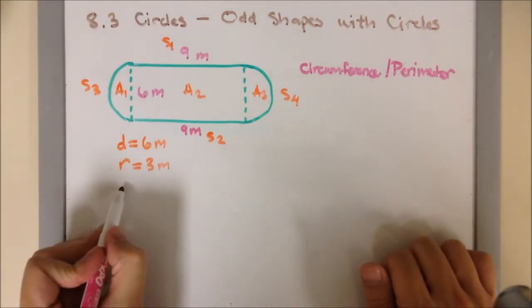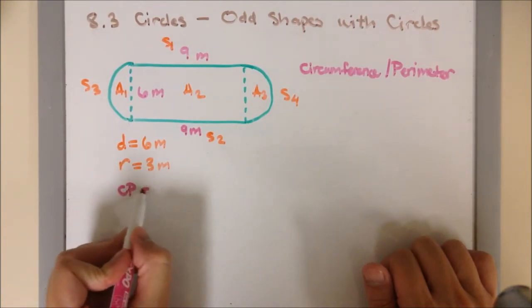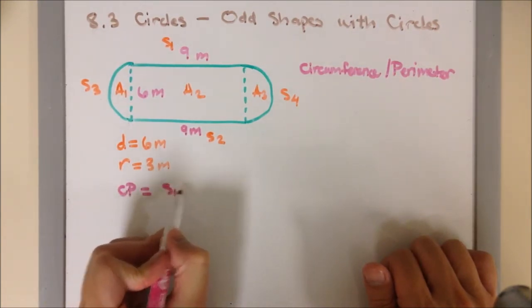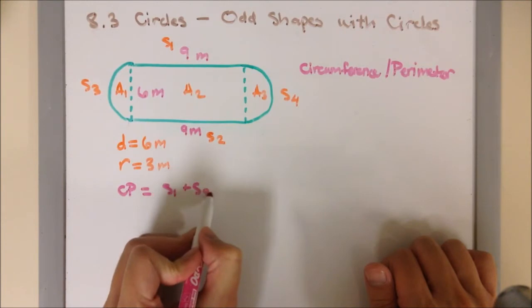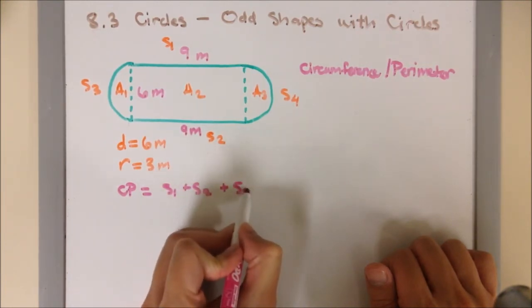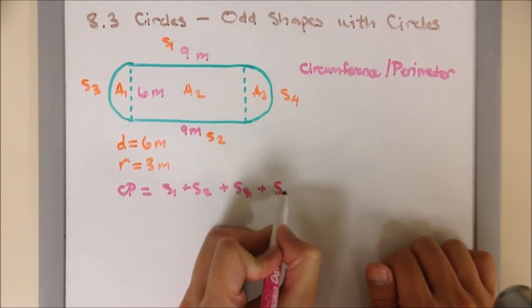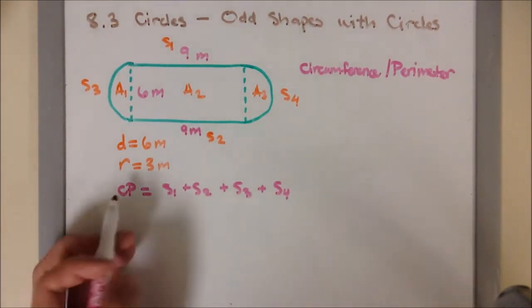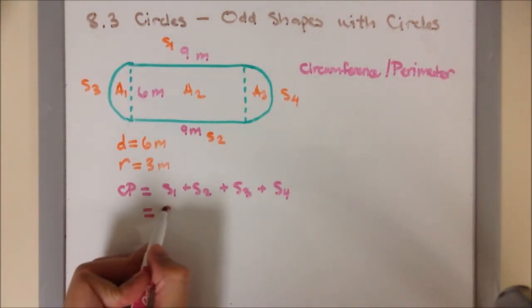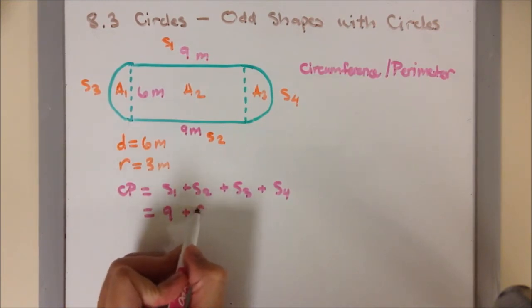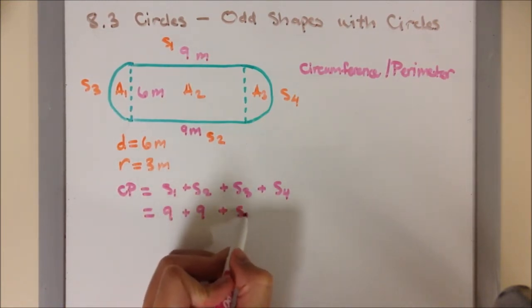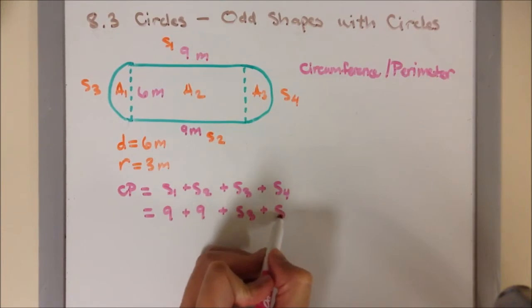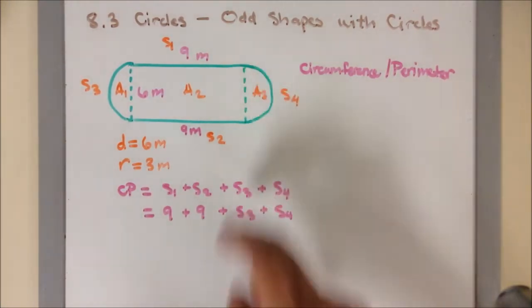So my CP is equal to S1 plus S2 plus S3 plus S4. Now, I can plug in for S1 and S2, which is 9 meters, but I don't know S3 and S4 yet because they're curved sides.